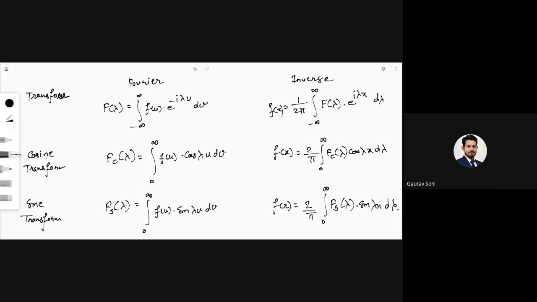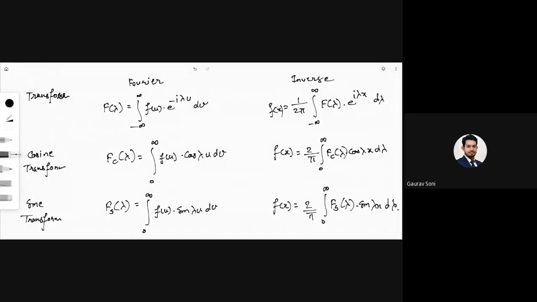Just one reminder: if the question is to give the Fourier integral representation of a function f of x, what do we mean by Fourier integral representation? You just need to take the Fourier transform of it and put it in the inverse formula.